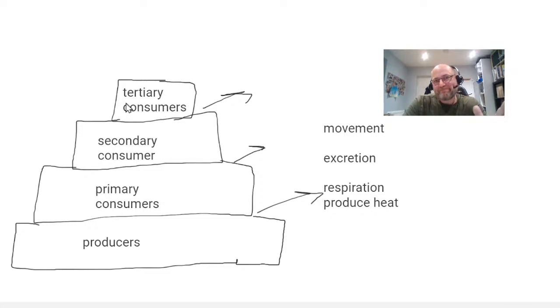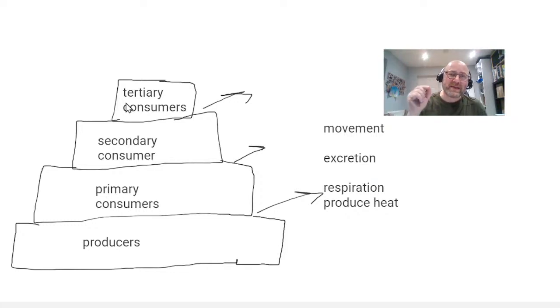Now the argument for being a vegetarian or a vegan can be explained using the pyramid of biomass or pyramid of energy. Basically, if only 10% of the corn a chicken eats is passed on, if you have 1,000 kilograms of corn and only 10%, 100 kilograms, gets passed on to the chickens on your farm, then you could make the argument, I've got 100 kilograms of chicken to keep some humans alive.